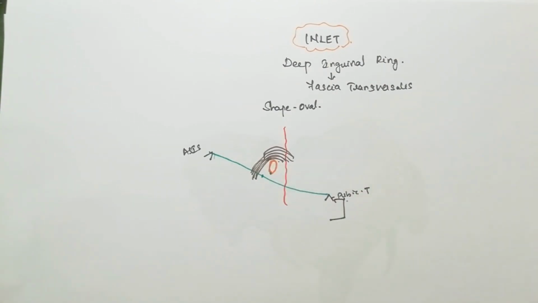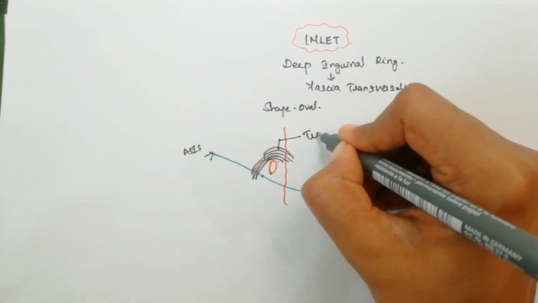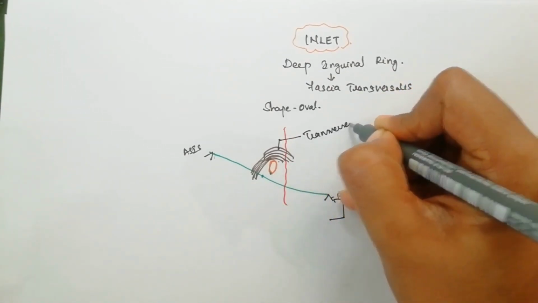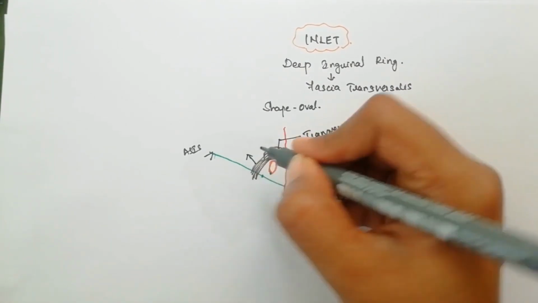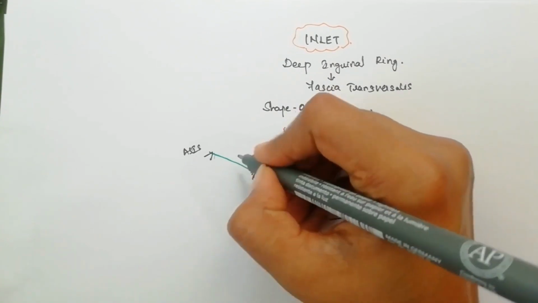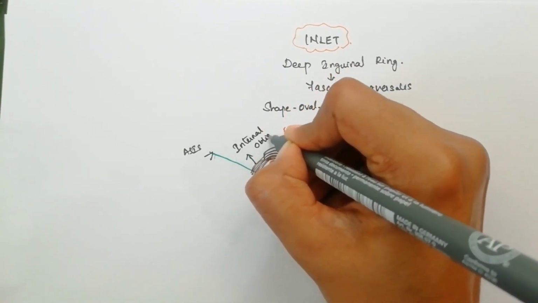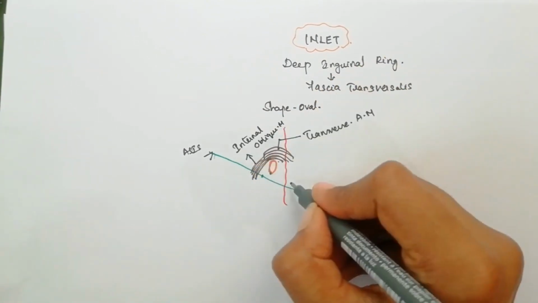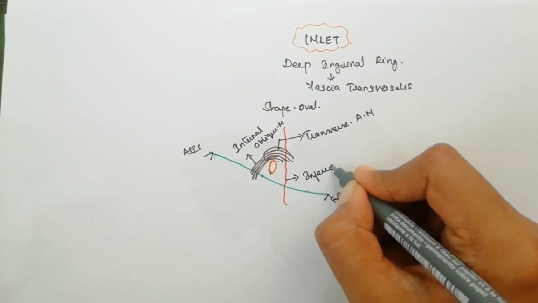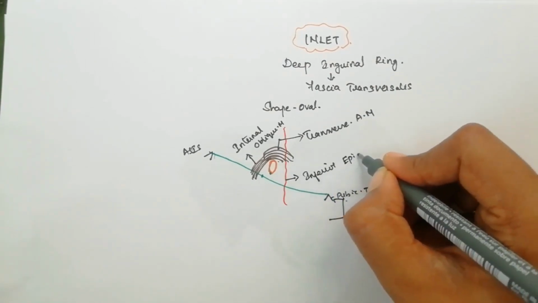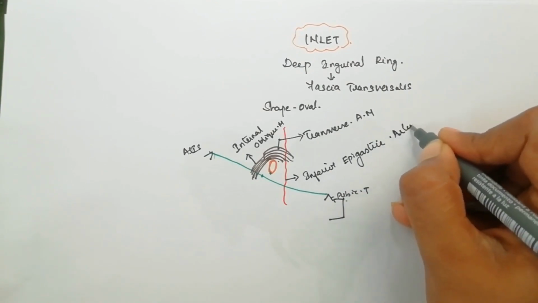Deep inguinal ring is bounded above by the transverse abdominis muscle, laterally by the internal oblique muscle, and in the medial aspect by the inferior epigastric artery.